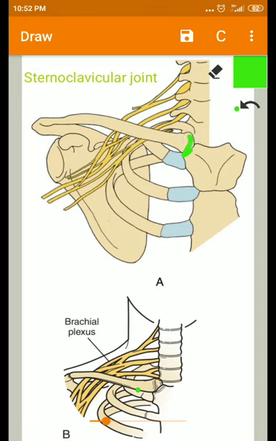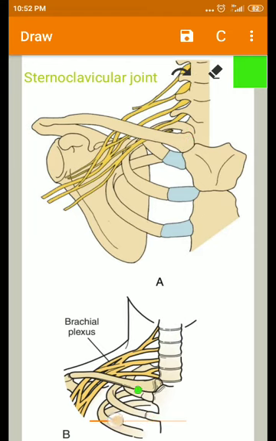And the sternal end is larger in size. The sternal end of the clavicle is larger in size and is covered with a thick layer of fibrocartilage, and it is convex vertically and concave anteroposteriorly. You can see the concave anteroposteriorly.